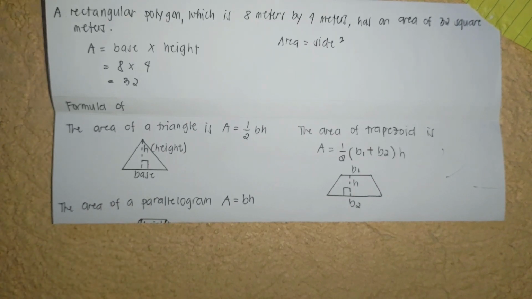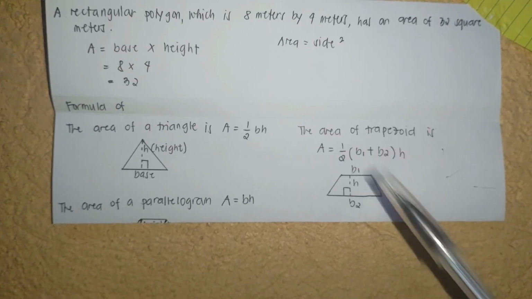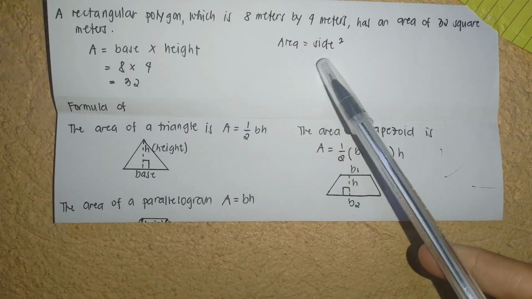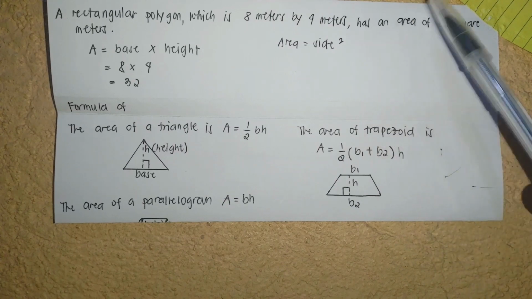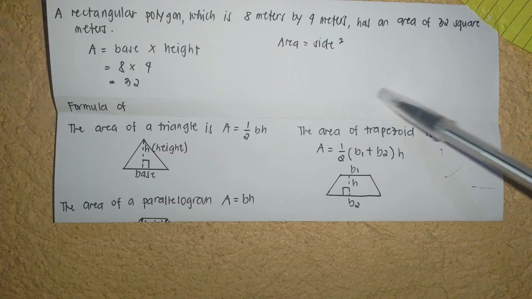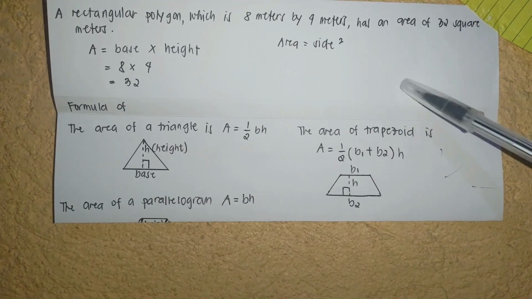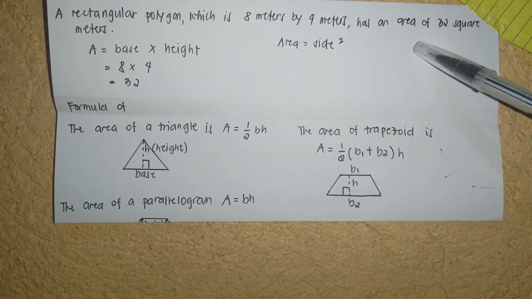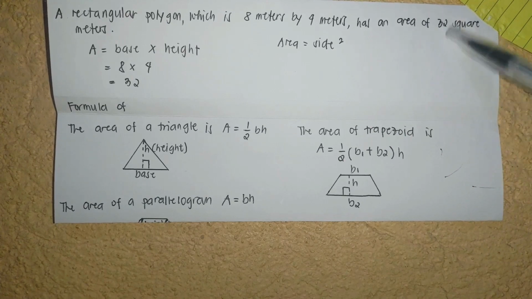And kung square naman yung hahanapan ng area, we're just going to use the formula area is equals to side squared, since all of the sides of the square are equal naman yung measure ng side.